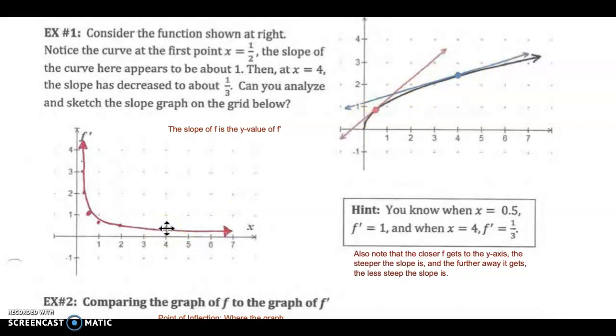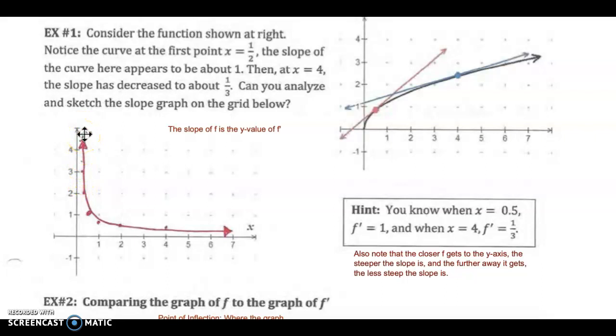Okay, and for the rest of these points, to get them, you just kind of have to guess, and they don't have to be perfect. But I put a note down here that said, the closer that f gets to the y-axis, so the closer that it gets here, the steeper the slope is, meaning the larger the number. So if we graph this, the closer it gets to the y-axis over here, the steeper it's going to get up this way. Okay?